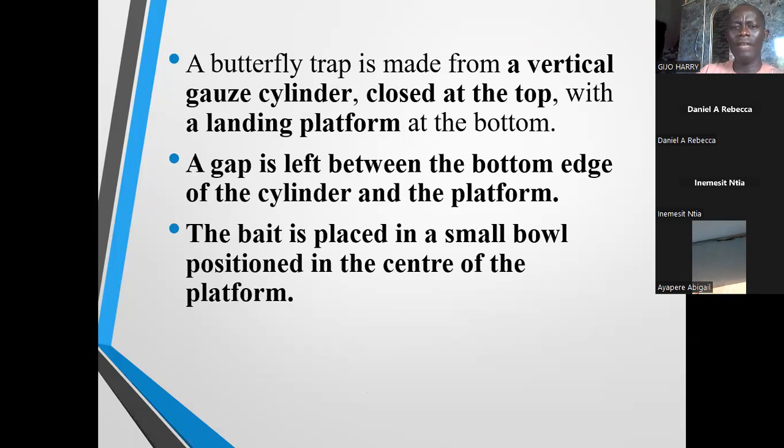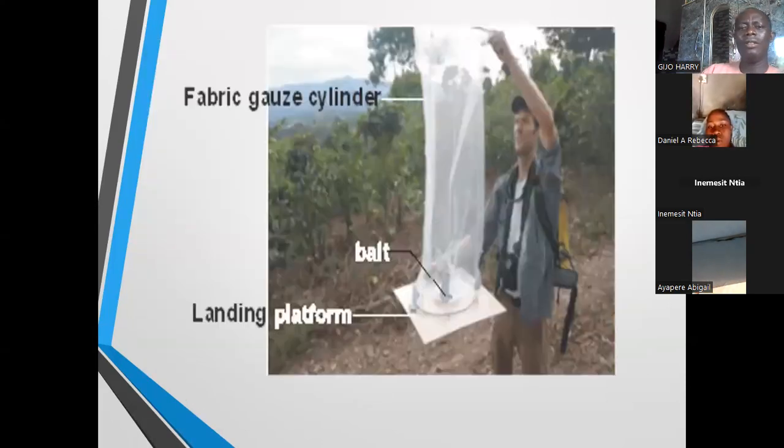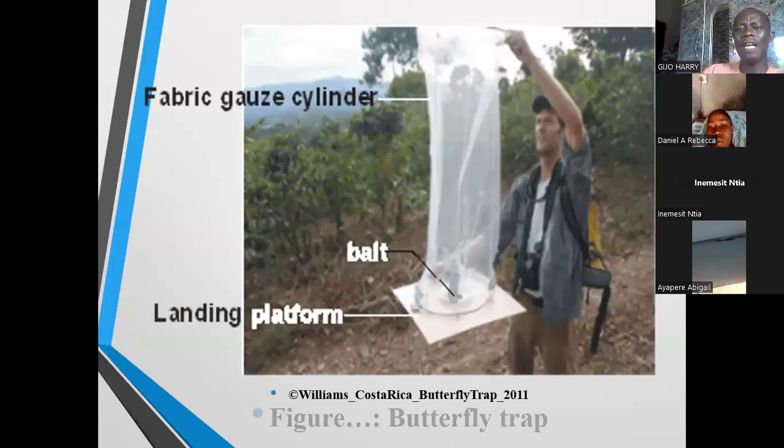The butterfly lands on the platform and walks towards the bait, and while trying to fly, it gets caught up in the fabric gauze at the top, and it's harvested daily. We also looked at the pheromone trap.